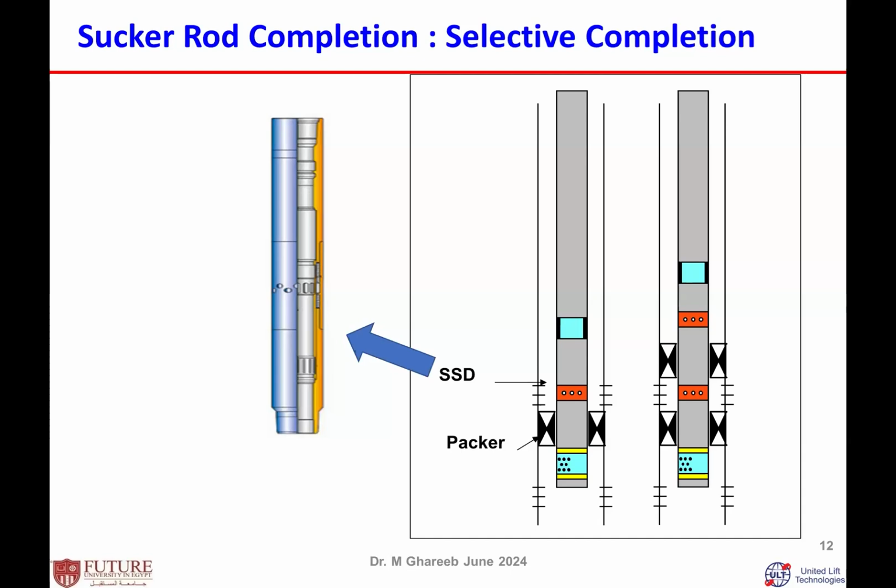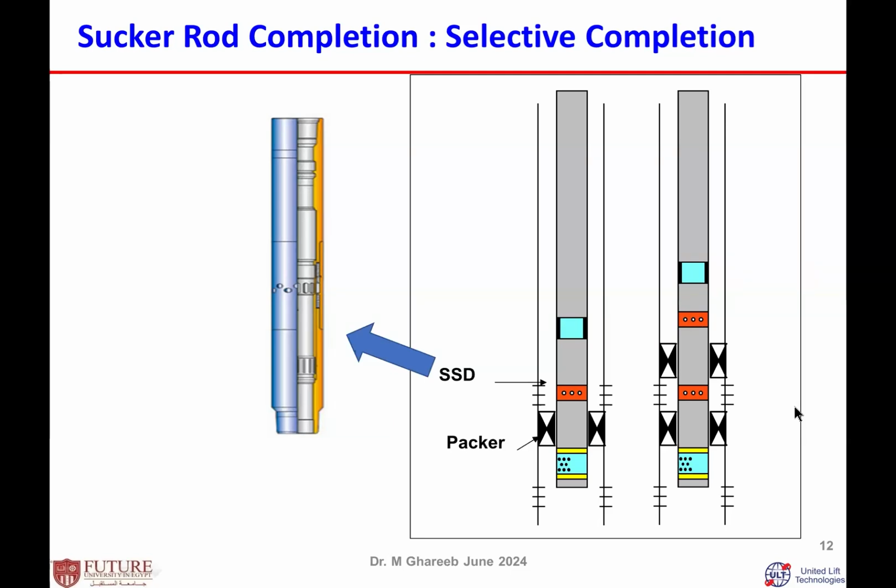The main concept here is to run with a setting nipple at the top one. But after that, you have to run certain devices like what we have here, a sliding sleeve, and in this case we replace the tubing anchor catchers with packers. With a packer, but this packer should be set under tension.